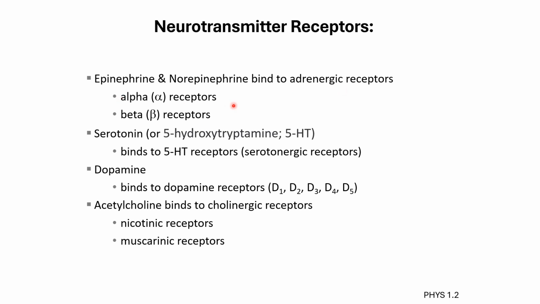We have beta adrenergic receptors and alpha adrenergic receptors on different cells, and they cause different effects. Some other neurotransmitters, like serotonin, will actually bind to serotonergic receptors, dopamine to dopamine receptors, and acetylcholine binds to what are called cholinergic receptors. There's two classes, the nicotinic and the muscarinic, and we saw the nicotinic a minute ago when we looked at the muscle cell.